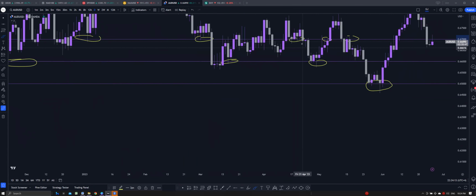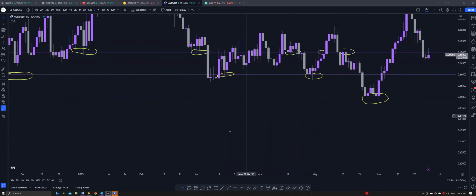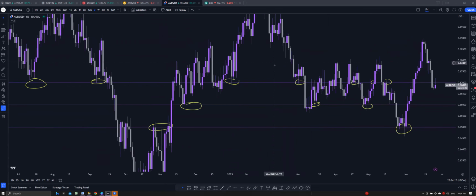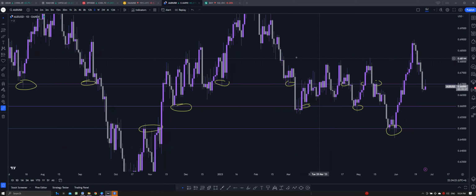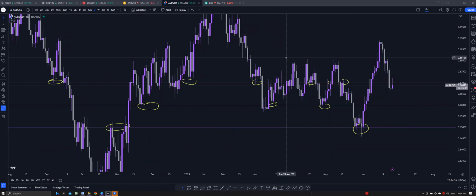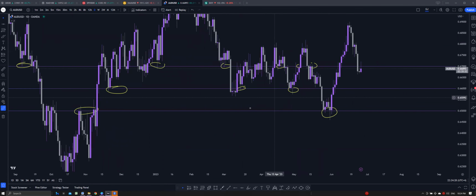Yeah. And over again, you'll see this pattern repeat with these flat numbers in every single pair. It could be not only Forex, it could be commodities, it could be indices, stocks. Yeah. These flat numbers have a massive significance in the market. Let me show you just one more example, maybe.